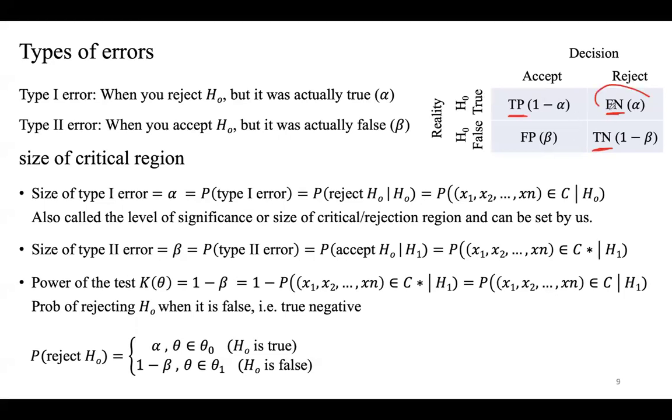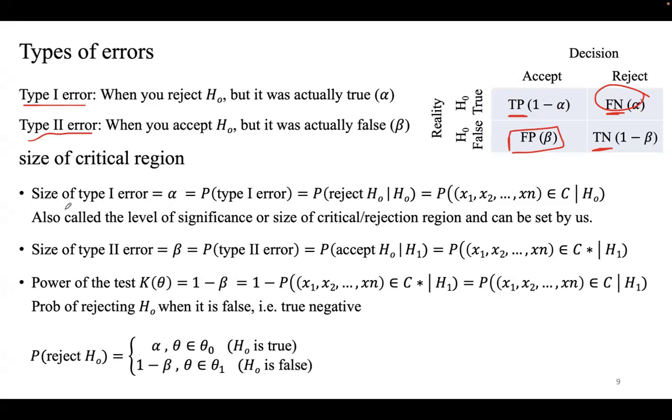This is what we call type 1 error, this alpha value. Likewise, there could be a case when the null is actually false, but you accepted it. That's going to be the false positive. You accepted it, so it's a positive result according to you, but in reality it was not the right thing to do. So this is the type 2 error, beta.